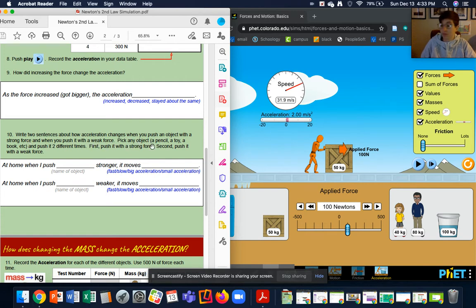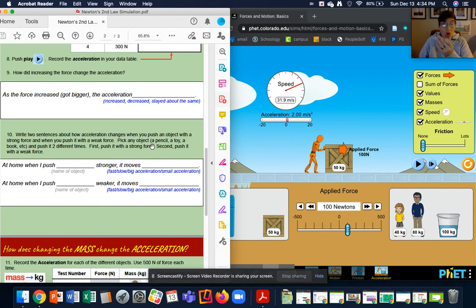Pick any object. So you're going to, in your house, pick any object. A pencil, I have a pen, okay, a toy, a book, etc. And you're going to push it 2 different times. Okay, first you're going to push with a strong force. Lots of muscle, right? And the second one, you are going to push with a weak force, just a little baby weak force.